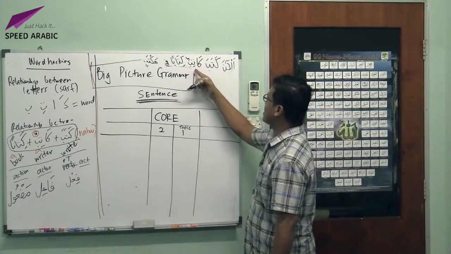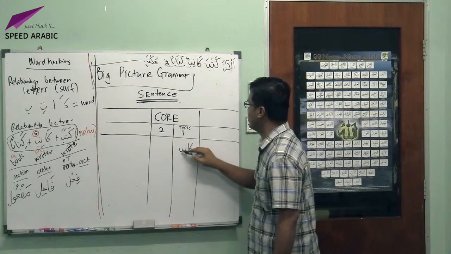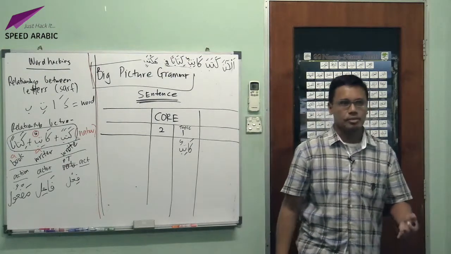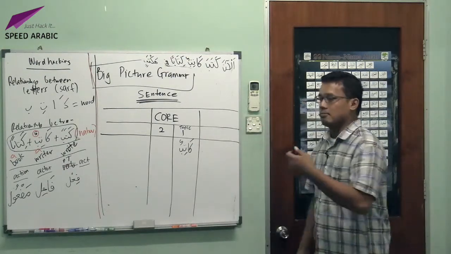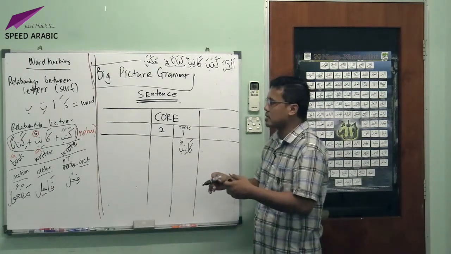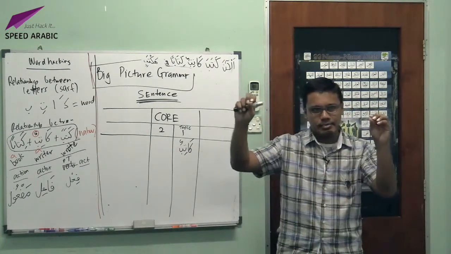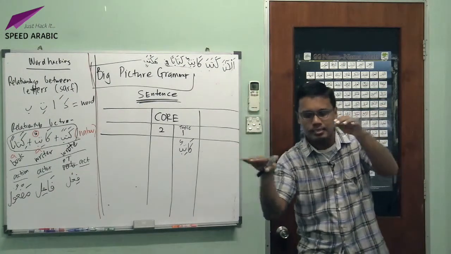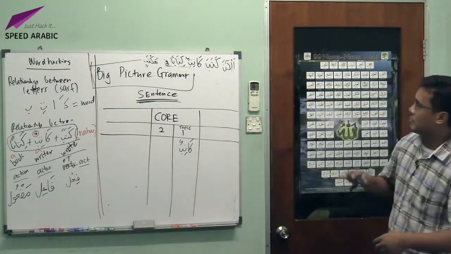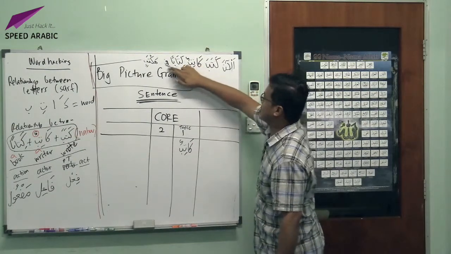So katibun, which one is the writer? Katibun. Okay, so the sentence is talking about that. What does the writer do? It's like a headline on an article, and then there's a sub headline, right? So what is the sub headline for this sentence?